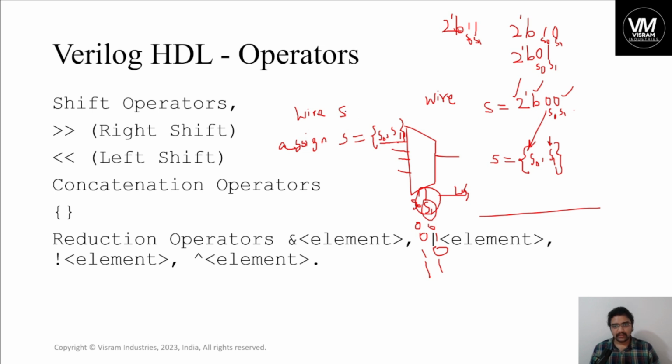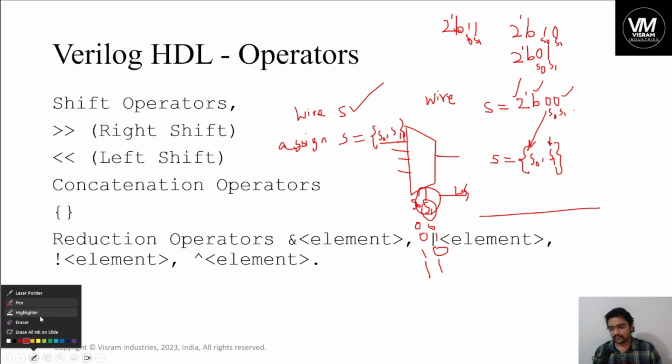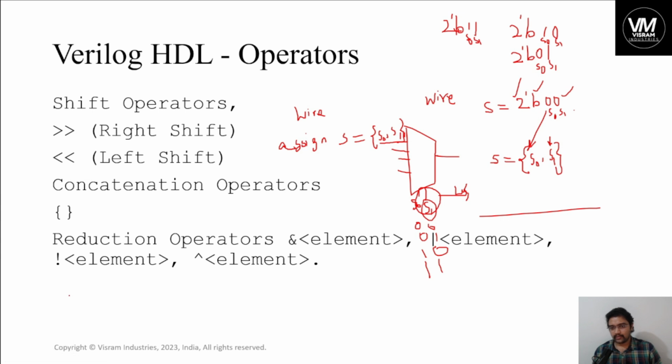Why? Because you are simply declaring one wire with 2 bits in it. It's a 2-bit wire, but you need to mention the size, right? So for a 2-bit size you write 1 colon 0, then S. This is how you declare the wire, semicolon.